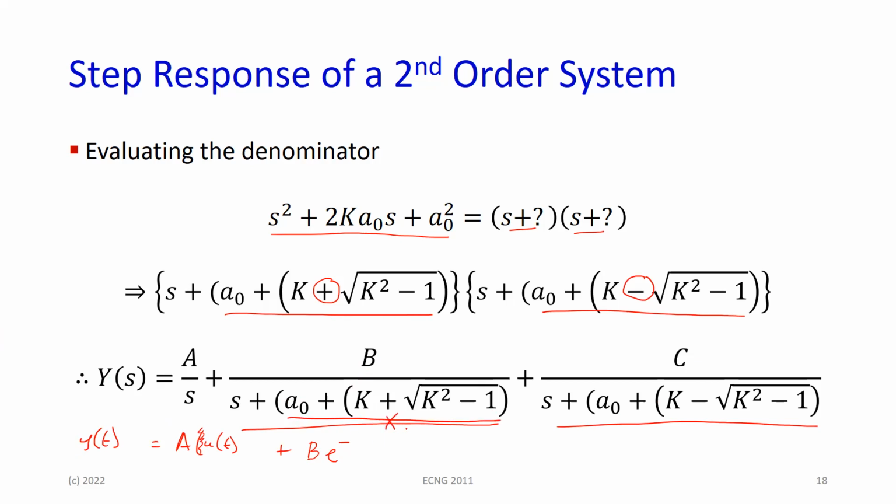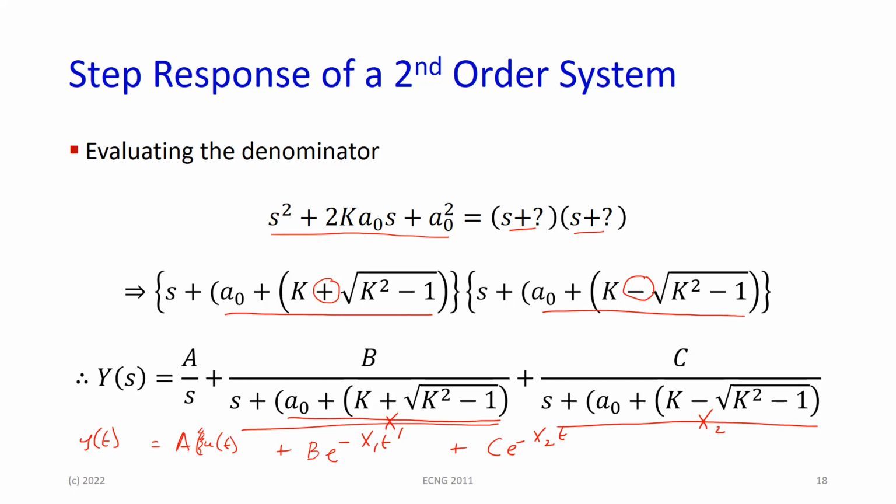Let me call these x1 and x2: b e to the minus x1 t plus c e to the minus x2 t. Everybody following? Right, you could verify the algebra afterwards. I just want to make sure you're following what we're trying to do.